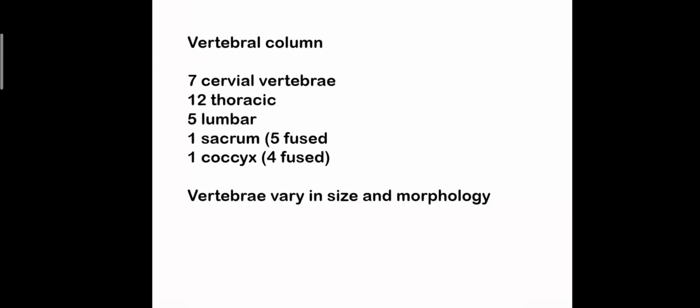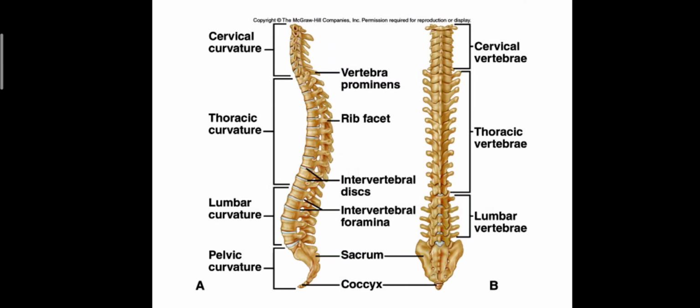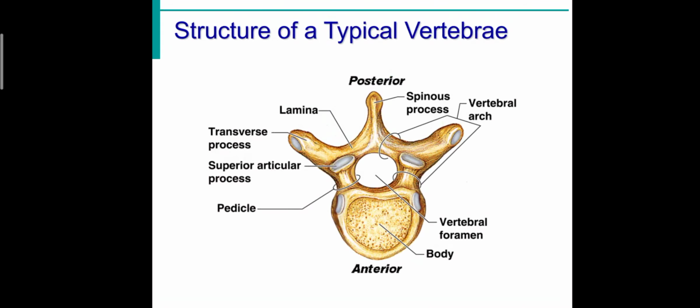Vertebral column: 7 cervical vertebrae, 12 thoracic, 5 lumbar, 1 sacrum with 5 fused vertebrae, 1 coccyx with 4 fused. Vertebrae vary in size and morphology. This is the structure of typical vertebrae.